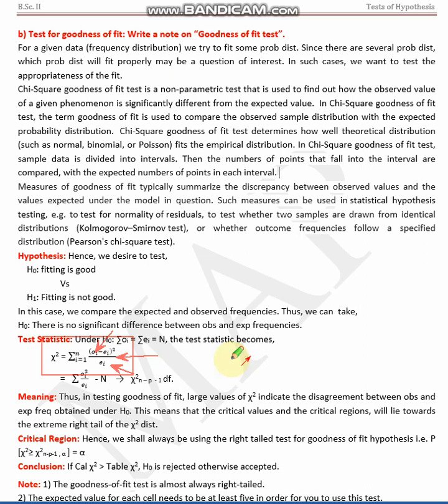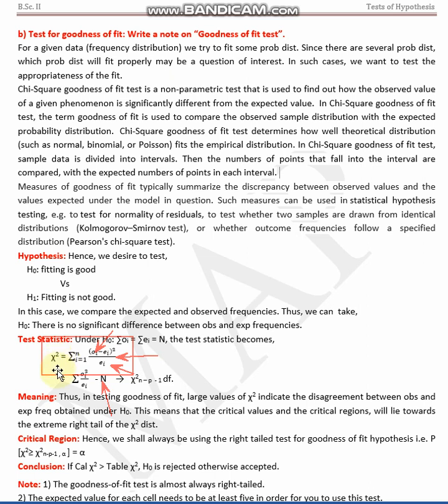This is my chi-square test statistic. Again we can write this value as summation Oi square divided by Ei, minus n. What is this n? N is nothing but the total frequency, summation Fi. This value is my calculated chi-square value.